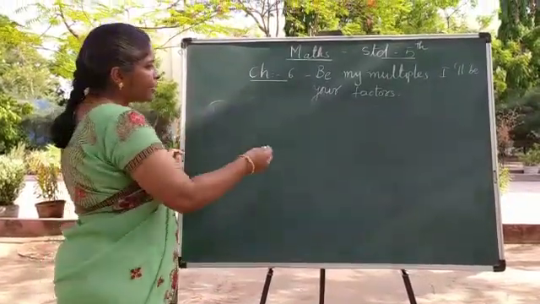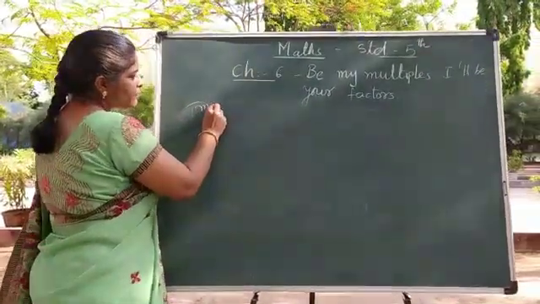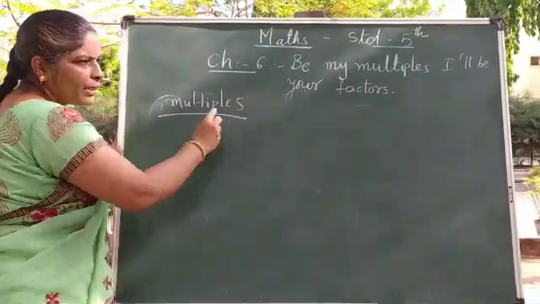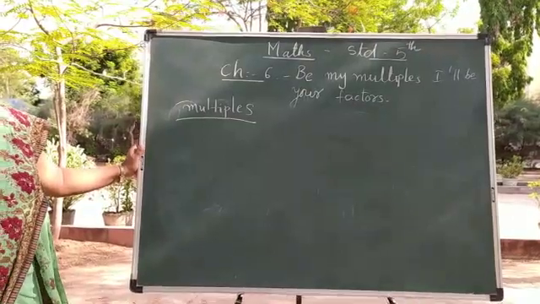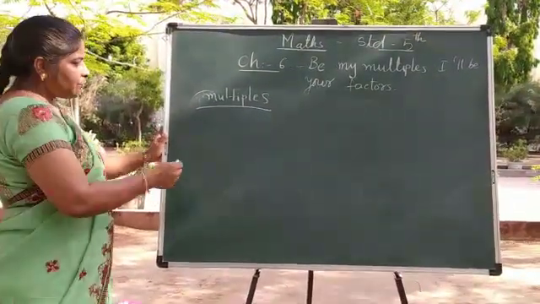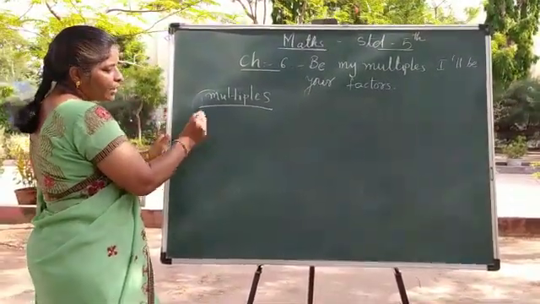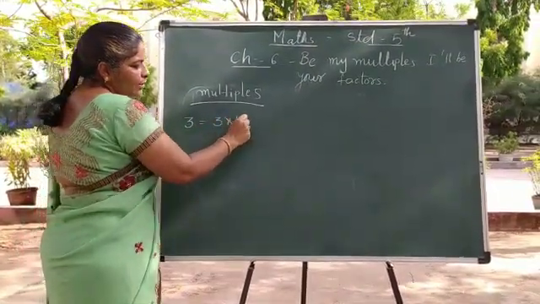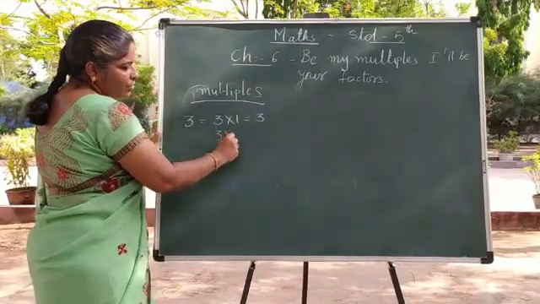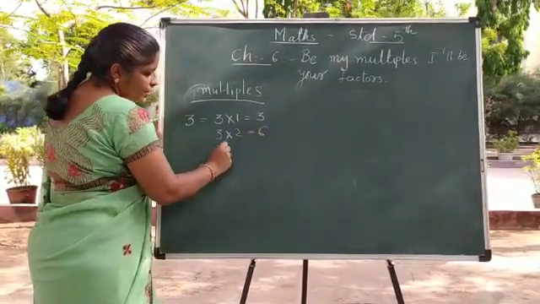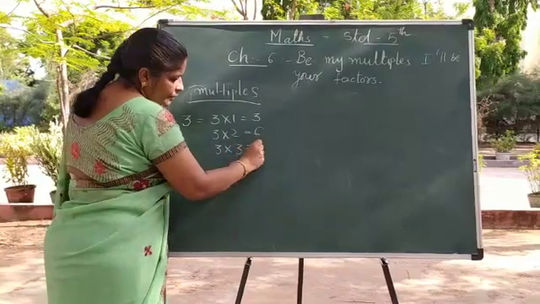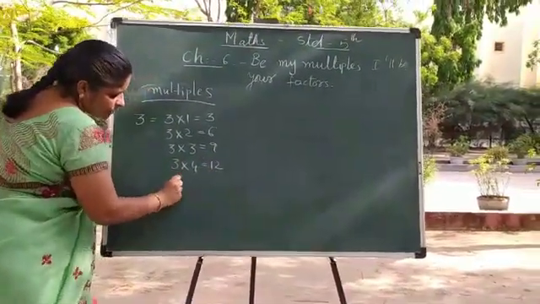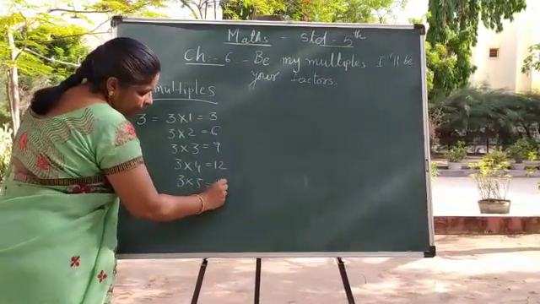Next is multiples. Multiples means a number multiplied several times. For example, if you want to write the multiples of 3, that means 3 ones are 3, 3 twos are 6, 3 threes are 9, 3 fours are 12, 3 fives are 15.